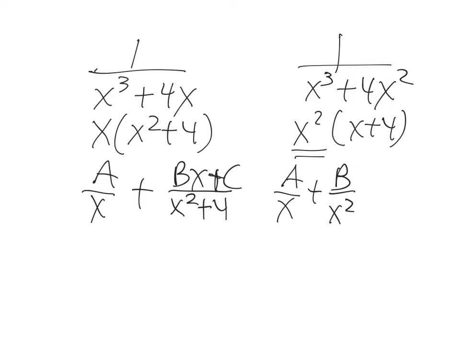So for any repeated factors, the denominator of the first one is to the first power, then to the second power, and then our lone x plus 4, we have that. So some different possibilities for the partial fractions, but then lots of little algebra stuff, and careful with the signs and all that good stuff.